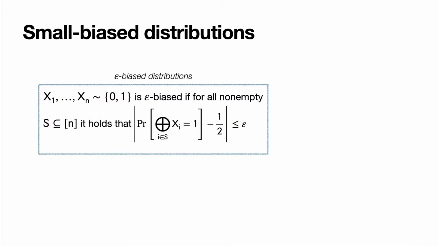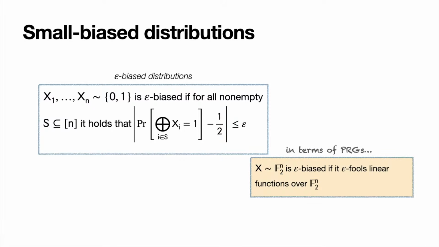Over F2, you can switch the parity to a sum. So let's imagine we're working over F2. In terms of PRG, it says that X is epsilon-biased if it epsilon-fools curly F. Remember, what's curly F? Linear functions over F2. That's our function class.